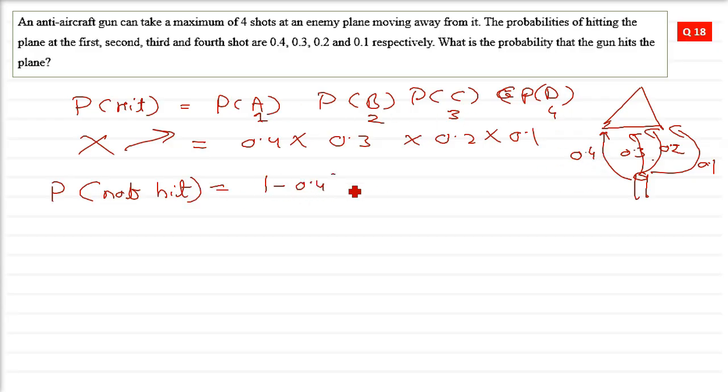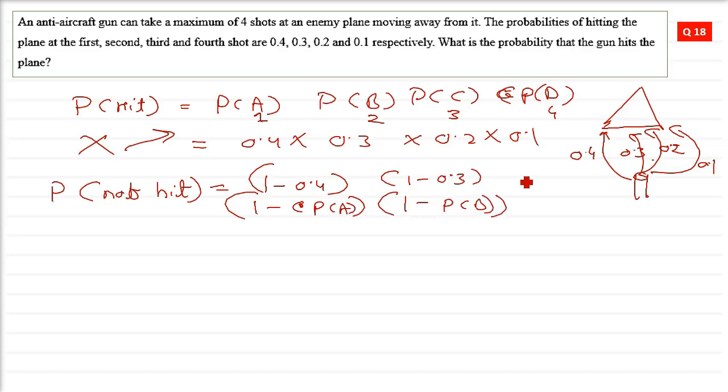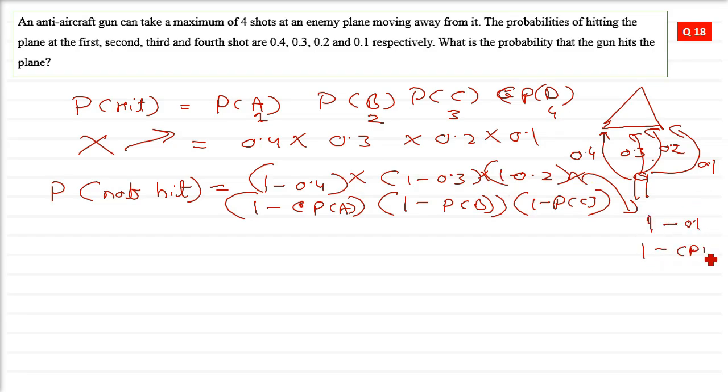So what is the probability of not hitting? 1 minus 0.4, that is 1 minus P(A), the first shot misses. The second shot misses, 1 minus 0.3, 1 minus P(B). Then comes 1 minus P(C), which is 1 minus 0.2. And finally, these are 4 different possibilities of first, second, third, fourth not being hit. 1 minus 0.1, 1 minus P(D).